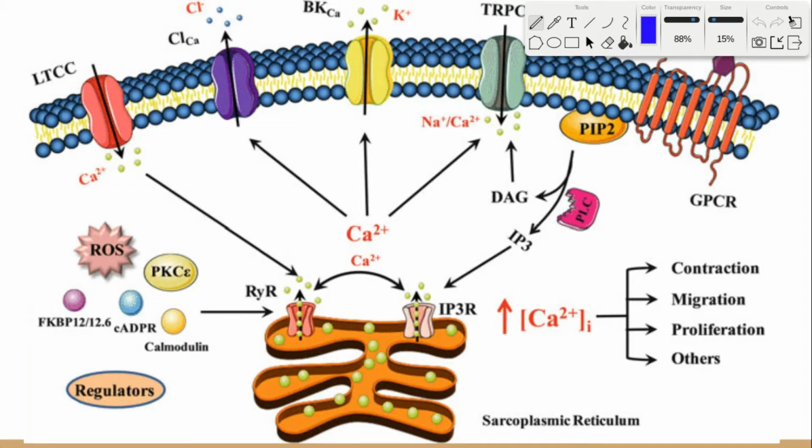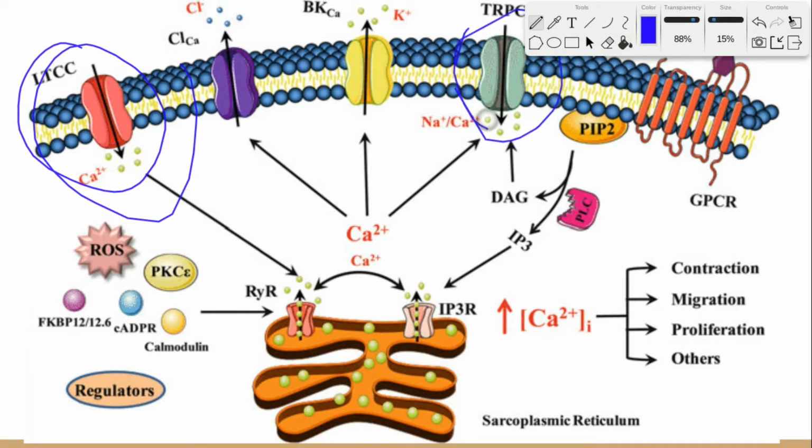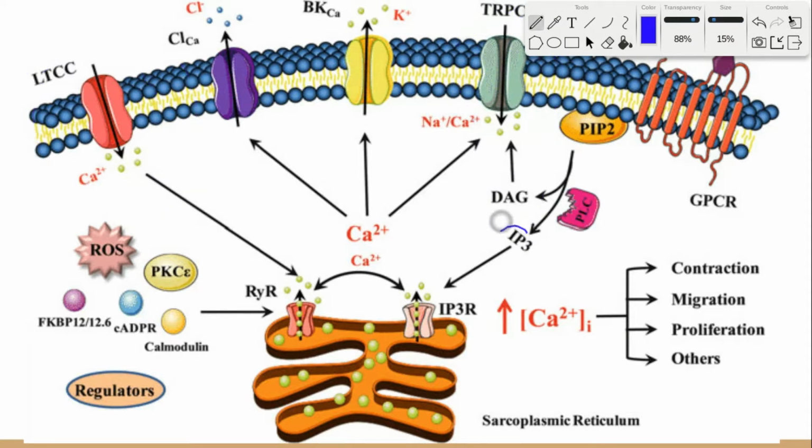This is just a really quick overview of what we talked about in the last slide. We have LTCCs. These are also called voltage-gated calcium channels. We see our TRPC, activated by diacylglycerol. Diacylglycerol likes to activate TRPCs. We see IP3, right here.